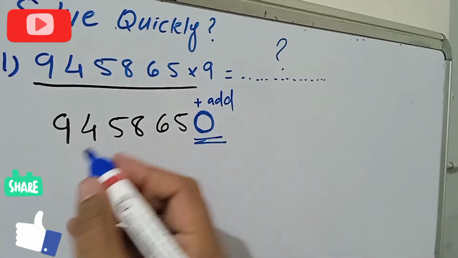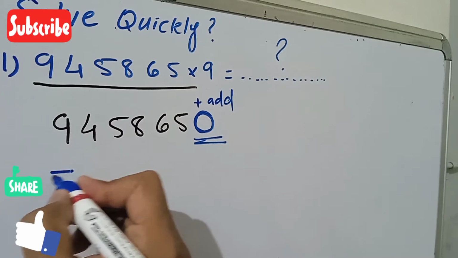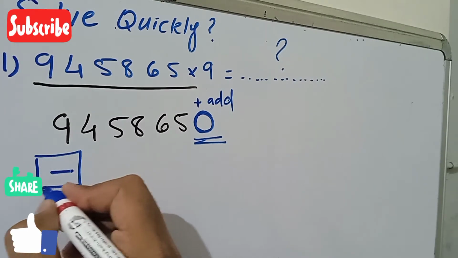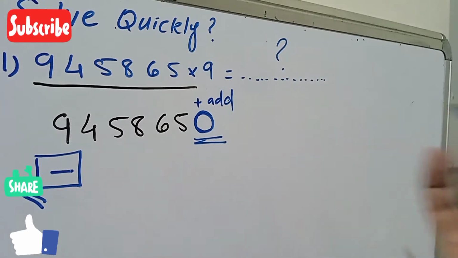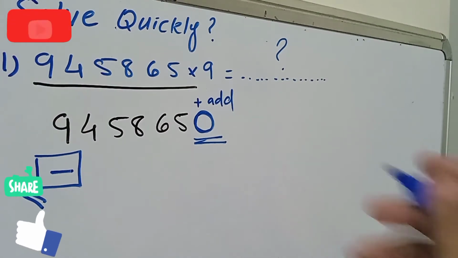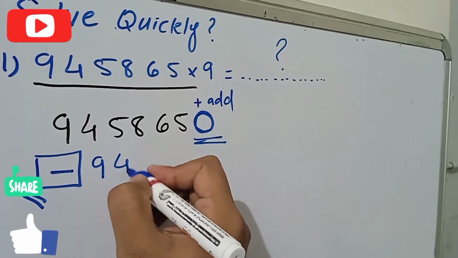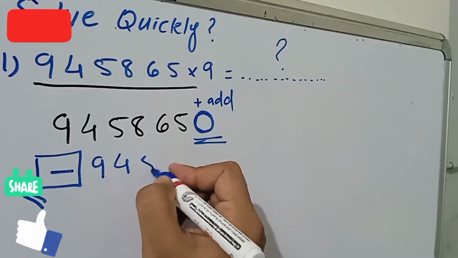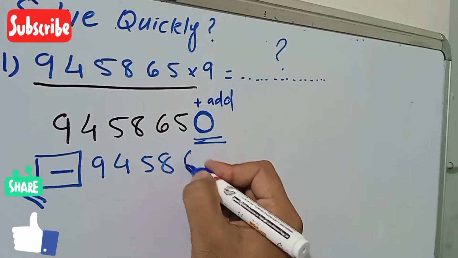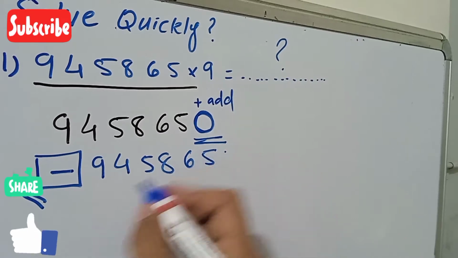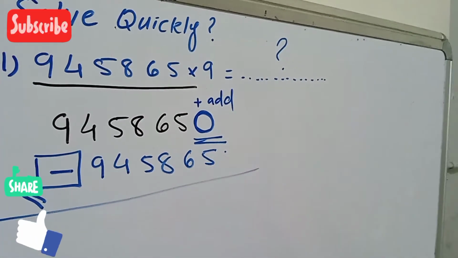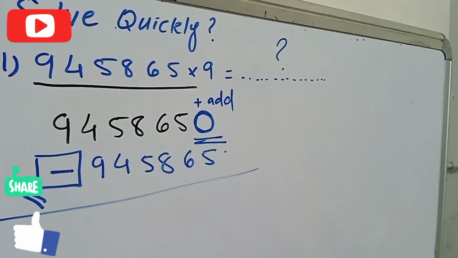So I am writing over here, this is the minus. Minus I am highlighting with this. Minus you have to, but the original number, that is 945865.